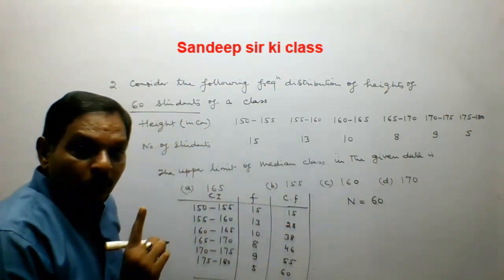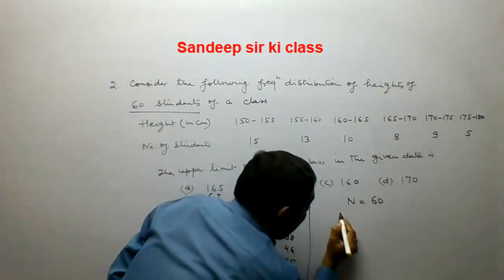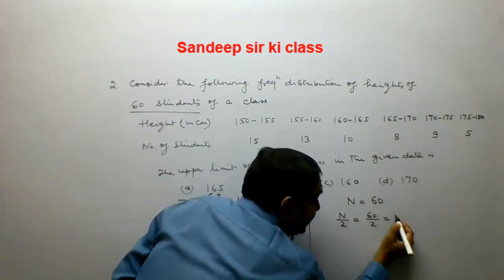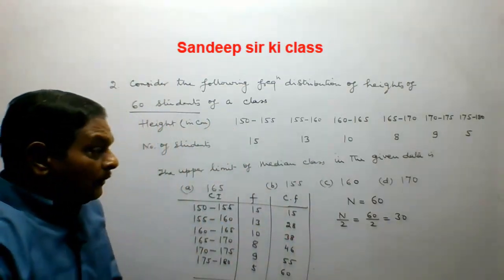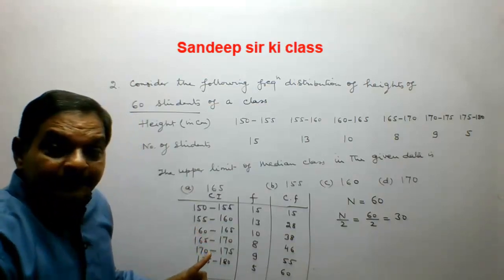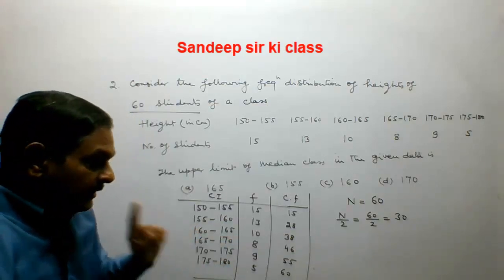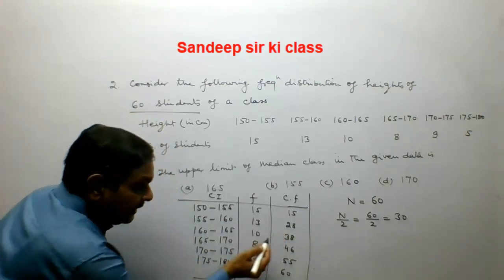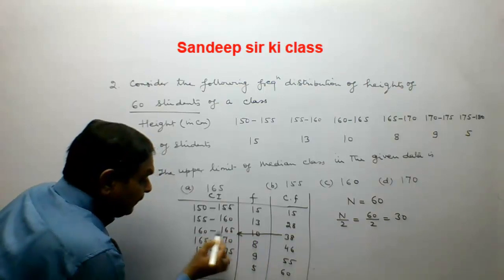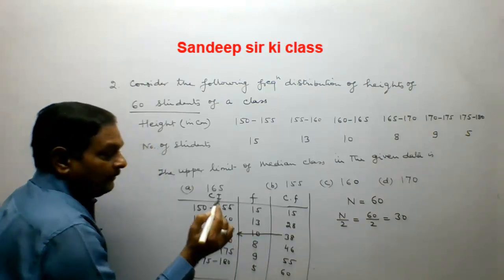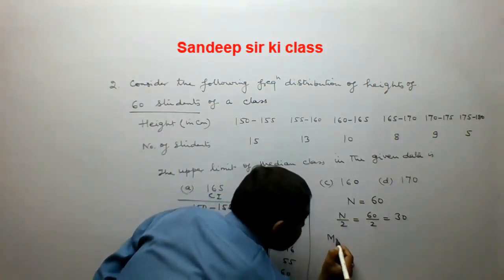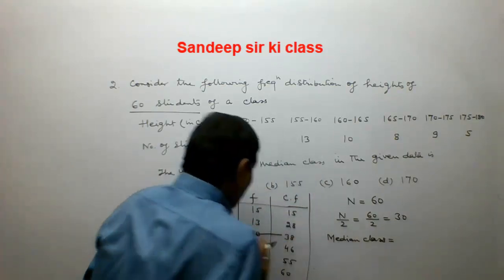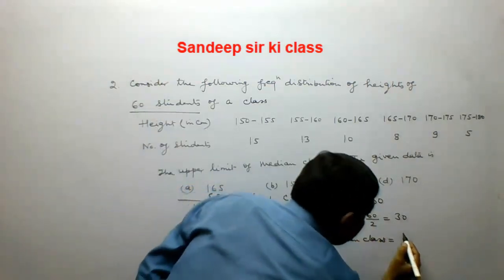So first we calculate n upon 2, which is 60 upon 2, that means 30. Now the cumulative frequency which is just greater than 30 is 38, and the corresponding class interval is 160 to 165. So the median class is 160 to 165.